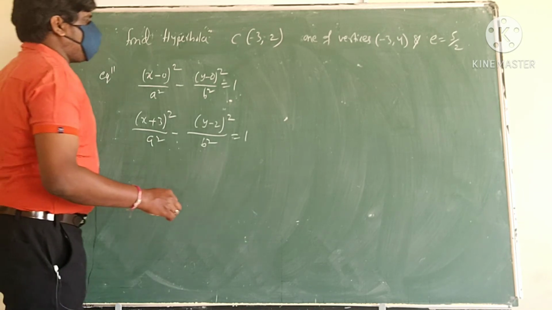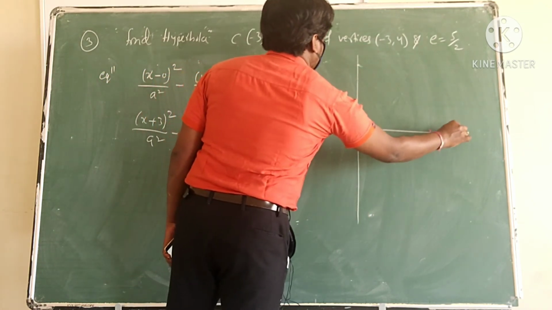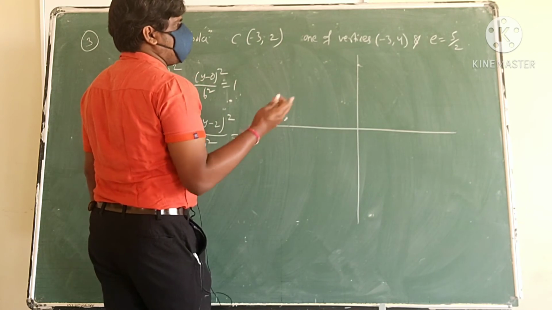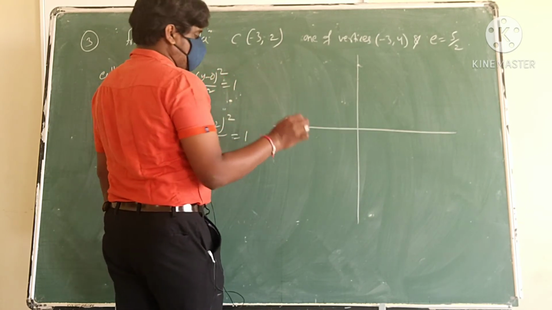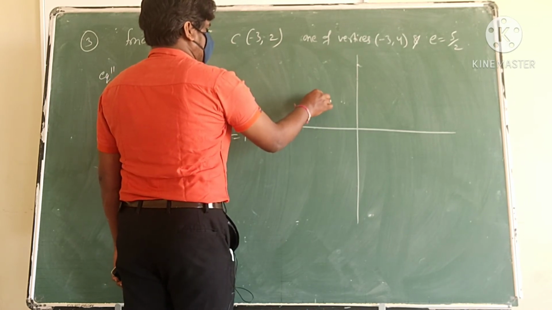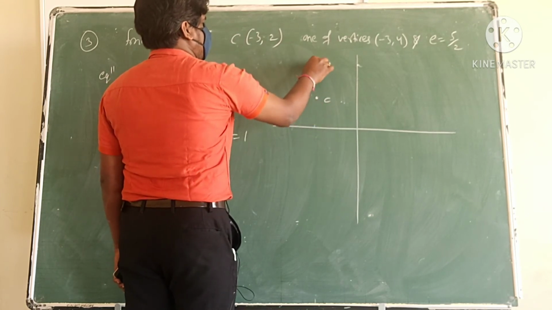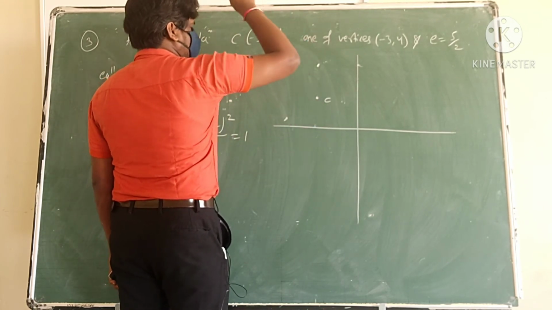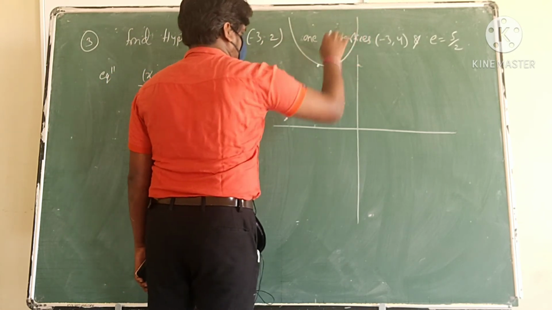So hyperbola, they given minus 3 comma 4. Where will be minus 3 comma 2? Center is minus 3 comma 2. Suppose this is minus 3 comma 2. This is the center. Minus 3 comma 4, this is the vertex. Means here you can know that this is the vertex of the hyperbola.